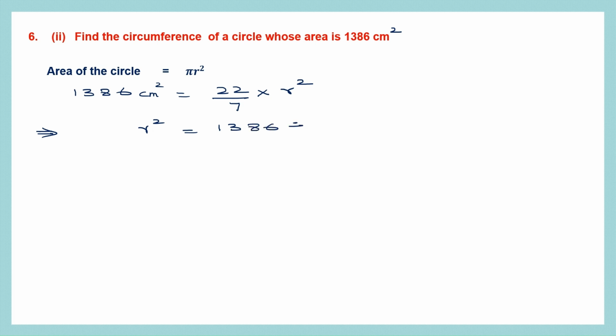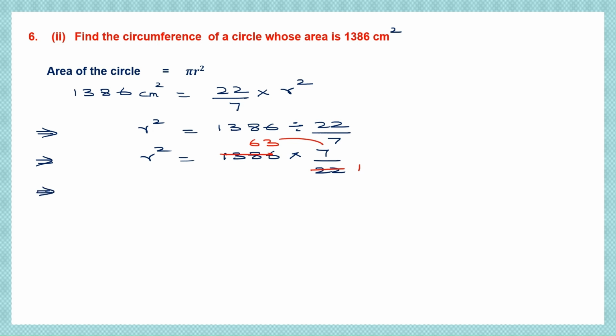Now to find the value of r square we say r square is equal to 1386 divided by 22 by 7. That is r square is equal to 1386 into 7 by 22. Now we can cancel 22 and 1386, 22 ones, and this will be 22 into 63. Now let's multiply 63 into 7.